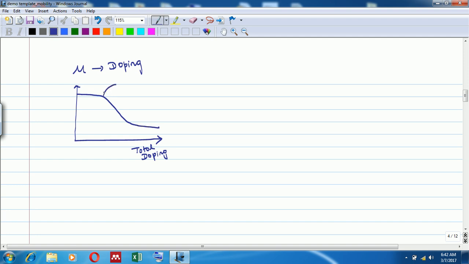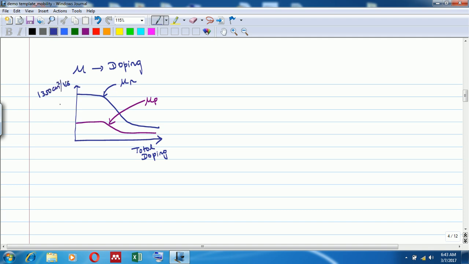This you can say is the curve for mu N, and the curve for mu P will be similar, but the magnitude of mu P itself is less. It's around 1 by 2.5 times mu N. So you can expect a curve like this. If you take silicon, mu N will be around 1350 centimeter squared per volt second.